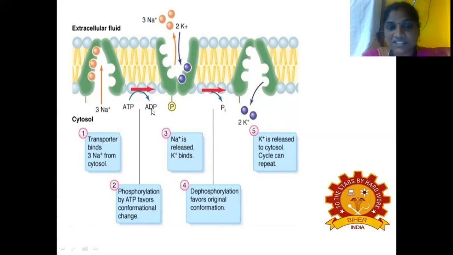When phosphorylation happens, 3 sodium ions are moved and 2 potassium ions attach to the surface. In the fourth step, dephosphorylation occurs, which favors the original conformation. Once dephosphorylation occurs, the potassium is released into the cytosol and the cycle is repeated. This is the working of the sodium potassium pump.